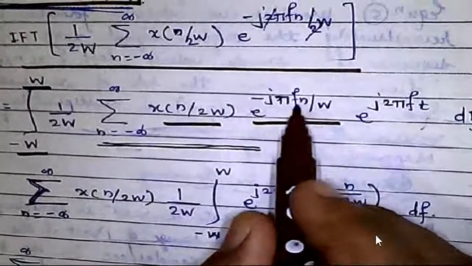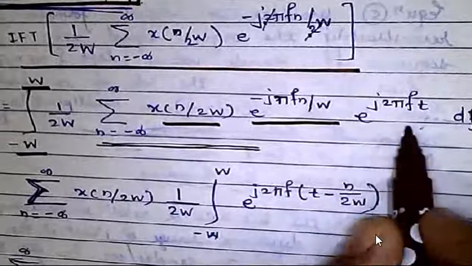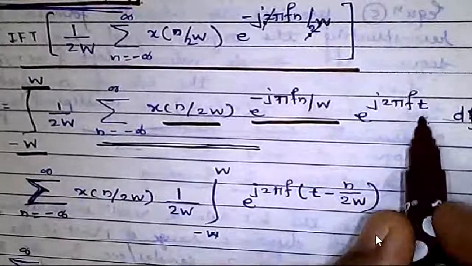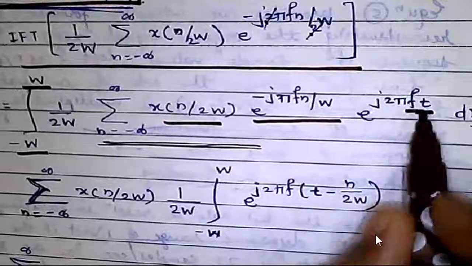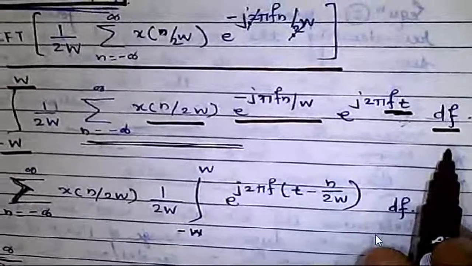This term is simplified because the 2 is getting cancelled over here, e raised to j 2 pi f t. The integral is taken with respect to f, so that is df.